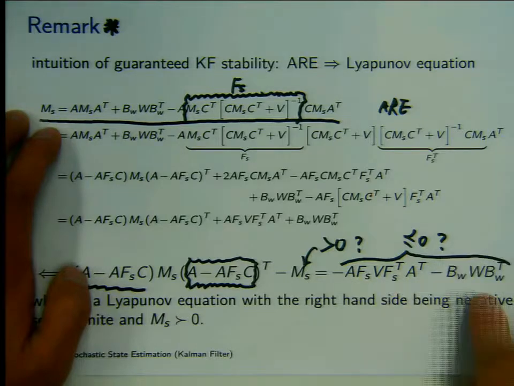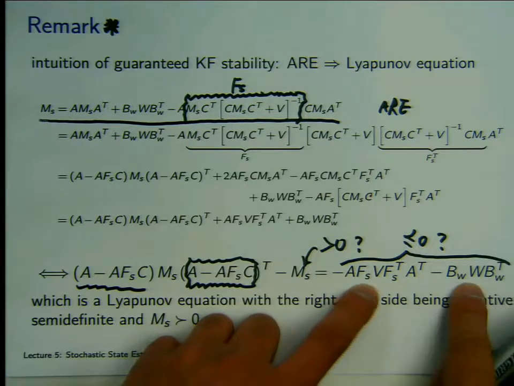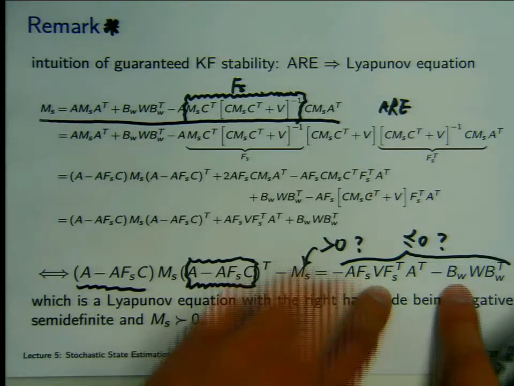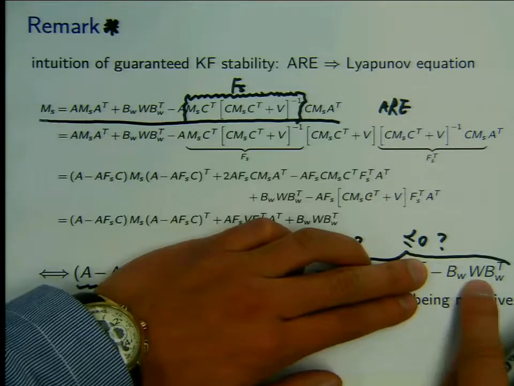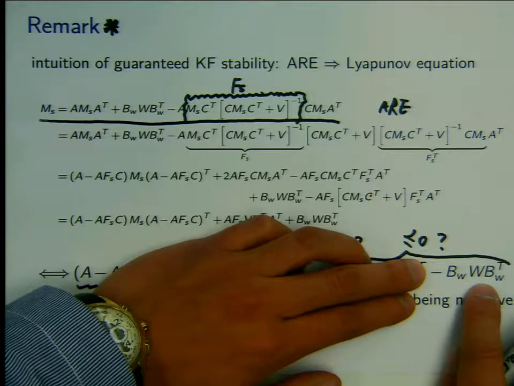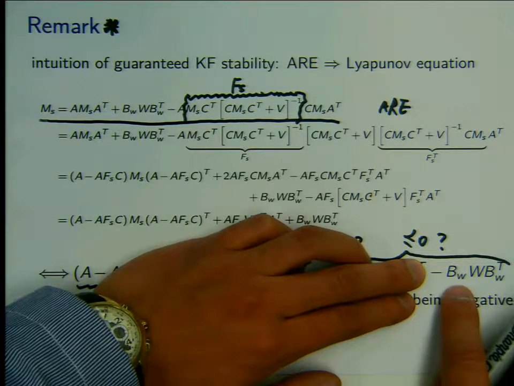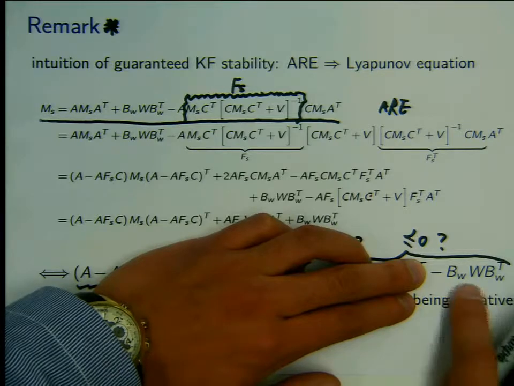And what about this side? This side is easier to see. First of all, it's symmetric. What about this term here? Is the negative of this positive semi-definite? Semi-definite. It may not be completely negative definite.